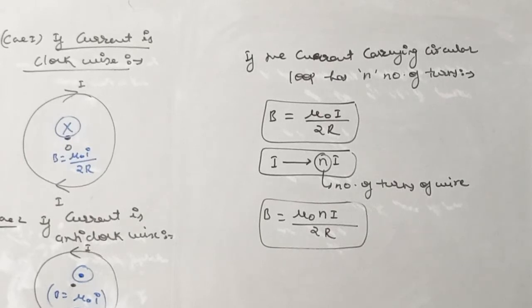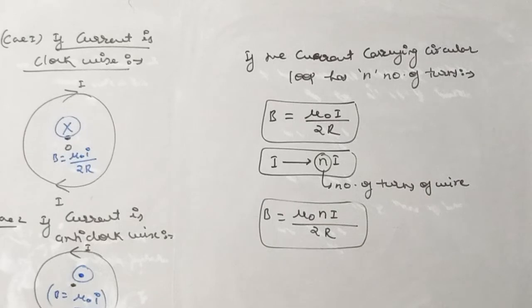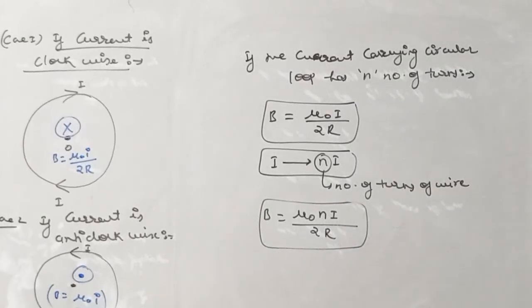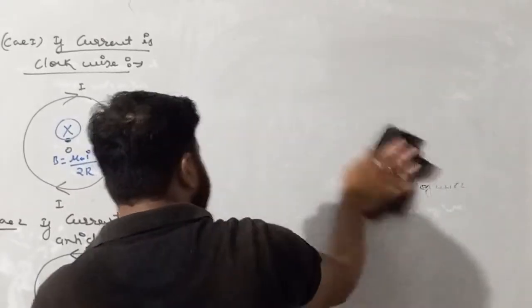So let's discuss another concept. Write down next: magnetic field at the center of current carrying circular arc.